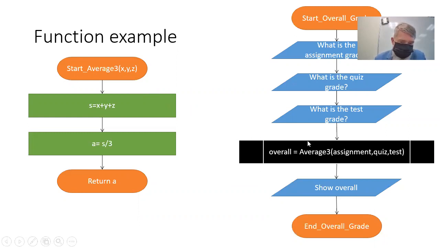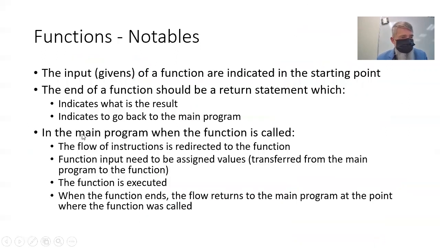And so when it gets to here, transfer of program control will occur. The program control will transfer over to running the function, and then it will return the value. So functions can have inputs and outputs. The inputs, I've referred to as parameters. The outputs, we say it returns a value, and the returned value is returned back to the main program.